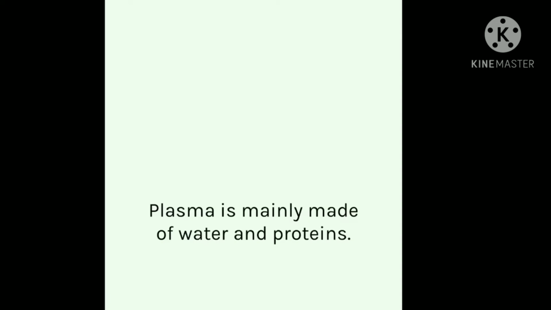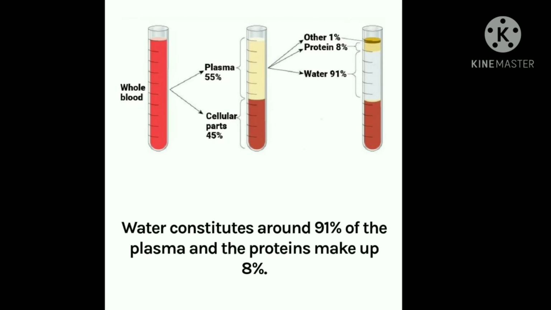Again, plasma is mainly made up of water and protein. Here again you are able to see the plasma: it contains 91% water, proteins 8%, and other material 1%.